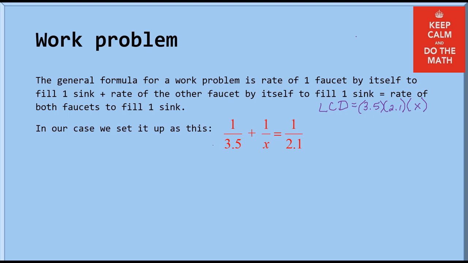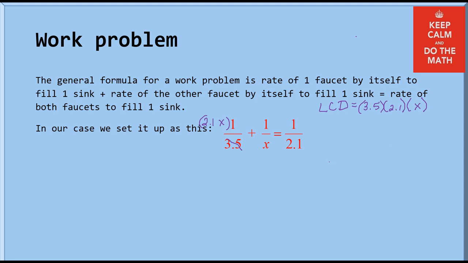So what I'm going to do is look at each denominator. I need to multiply the first term, 1/3.5, by 3.5, 2.1, and x. Well, the 3.5s are going to cancel out, and all I'm going to be left with is multiplying this numerator by 2.1 times x.